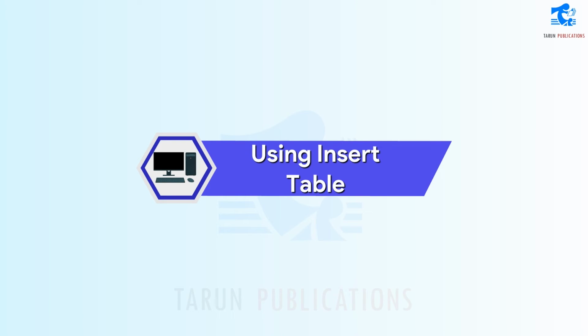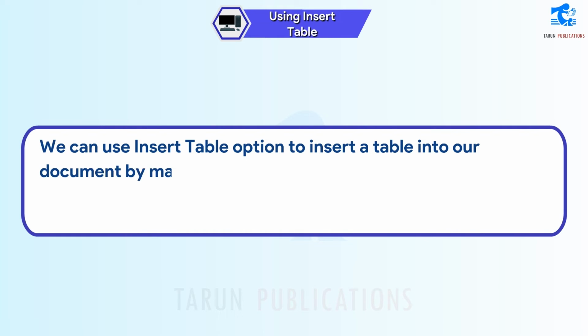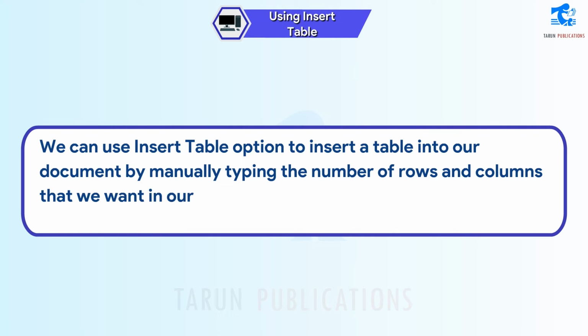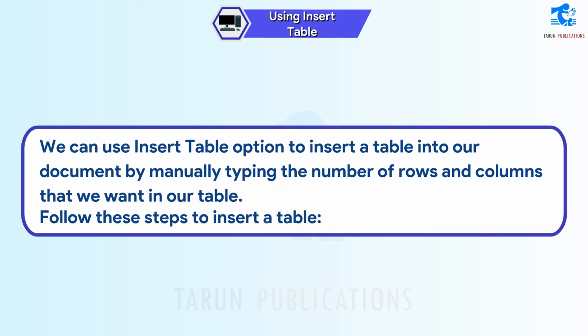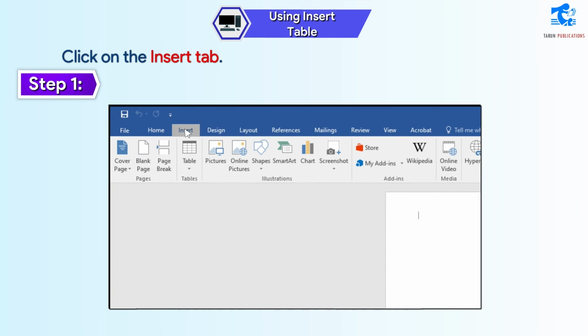Using Insert Table. We can use Insert Table option to insert a table into our document by manually typing the number of rows and columns that we want in our table. Follow these steps to insert a table. Step 1. Click on the Insert tab. Step 2.